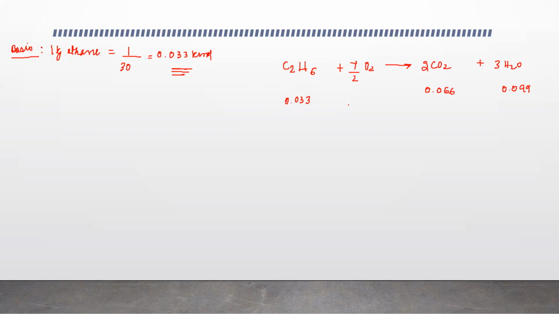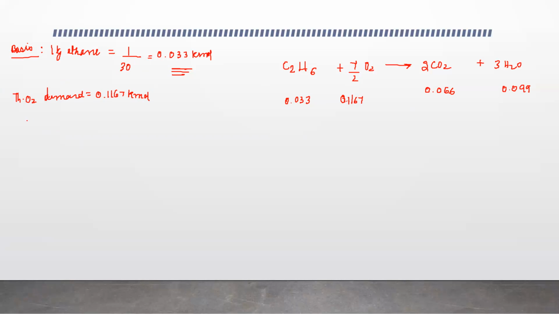The oxygen required to react is this into 7 by 2, so 0.1167. This oxygen that is needed becomes our theoretical oxygen demand, 0.1167 kilomole.